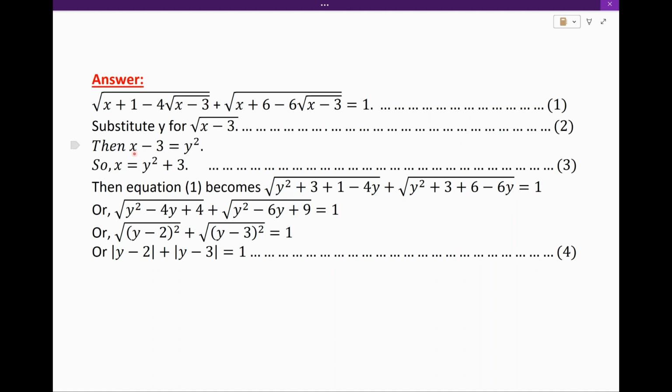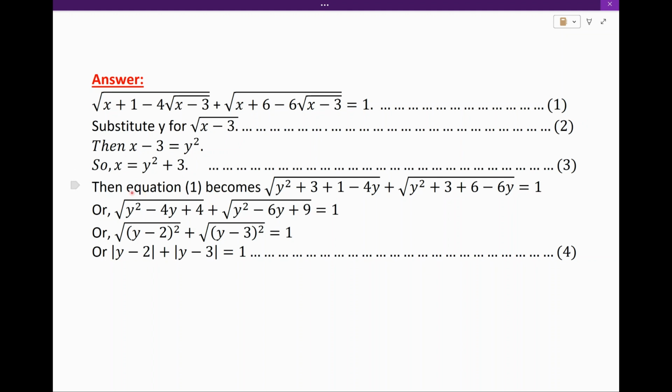Let us call it equation 2. That gives y squared is equal to x minus 3, or x is equal to y squared plus 3.